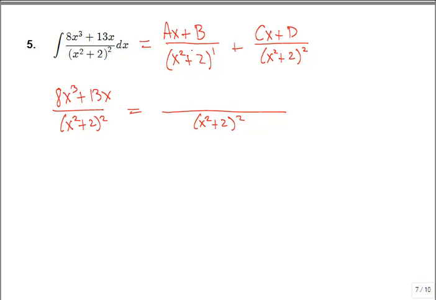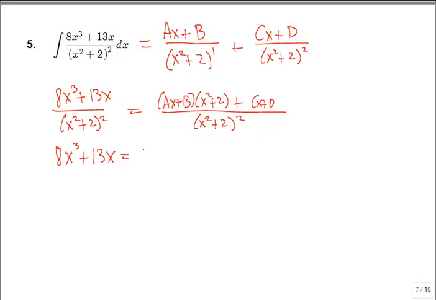Then on top, what I would have to keep these equivalent would be this ax plus b. It only has one of these x squared plus 2's, so it's missing the extra one. However, the cx plus d already has both, so I don't need to multiply that top by anything. So now that the bottoms are equal, the tops must be equal.